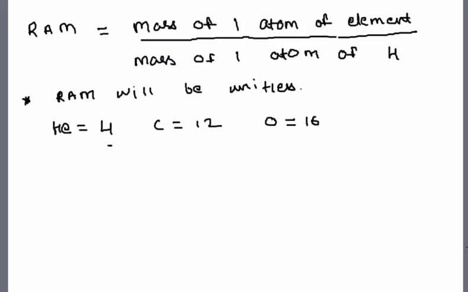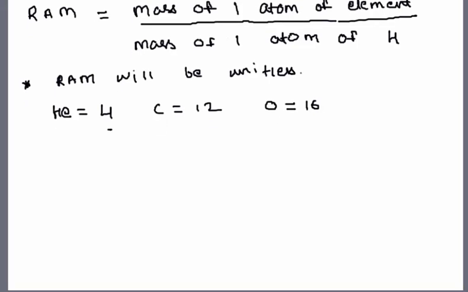Now, let us look at the meaning of this RAM in detail, and analyze what it is that makes helium 4 times heavier as compared to hydrogen. What is it that makes carbon 12 times heavier as compared to hydrogen? We are going to look more into the meaning of these numbers.